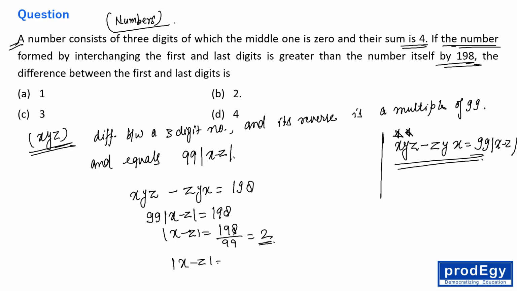So x minus z is equal to 2, right? The difference between the first and last digit they are asking, which is 2. The answer is 2. Option number B is correct, right everyone?